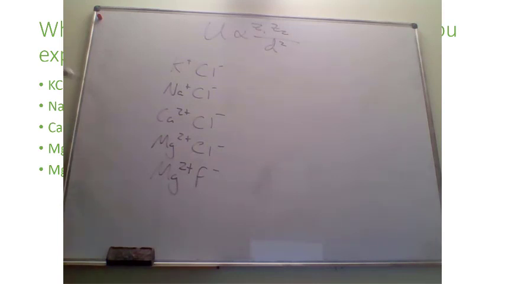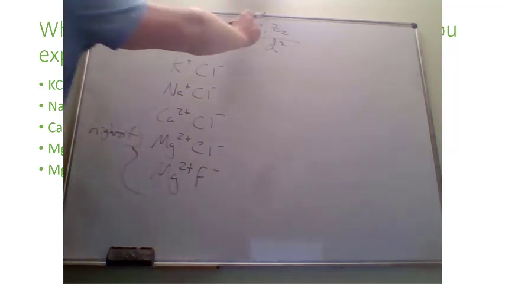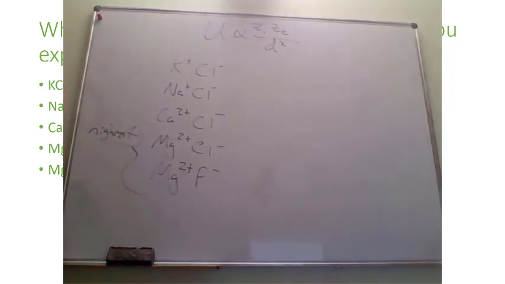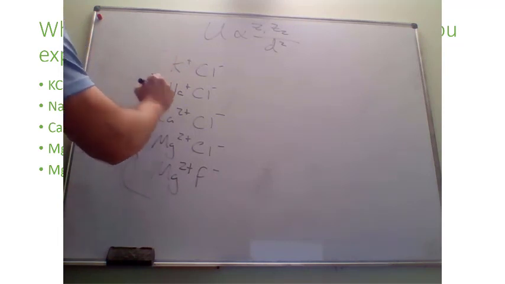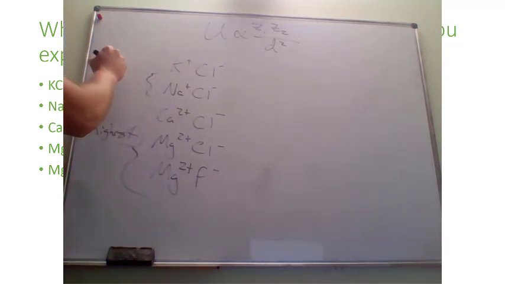Okay, so first we can compare our overall charges. We can see that all of these three groups each carry this +2 charge on their cation. So we know that these three are going to be our highest because the charges have our biggest effect on our lattice energy, which means that these two here, the potassium chloride and the sodium chloride, are going to be our lower two.